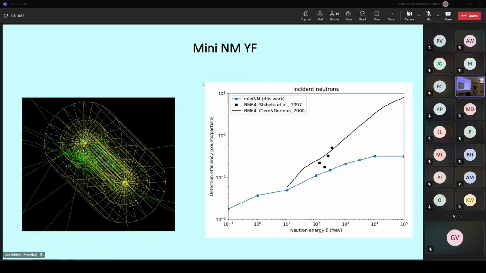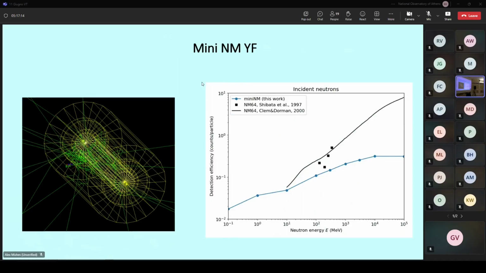Now we have computed the registration efficiency for the mini neutron monitor. And we are working on the geometric correction effect for the mini neutron monitor, because the dimensions are different to the standard one.